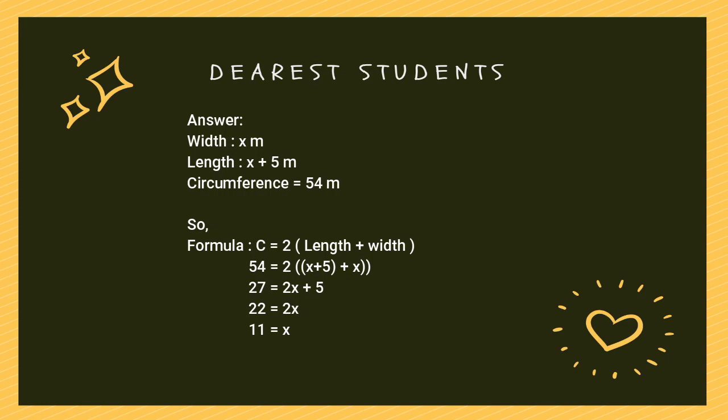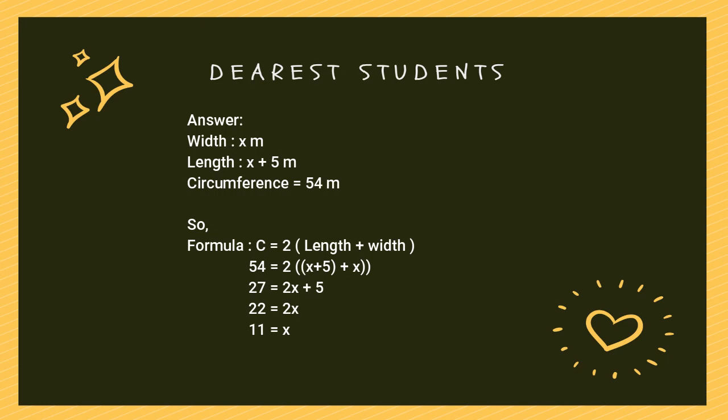We can use the formula circumference equals 2 times length plus width, so 54 equals 2 times (x plus 5 plus x). 54 equals 2 times (2x plus 5).